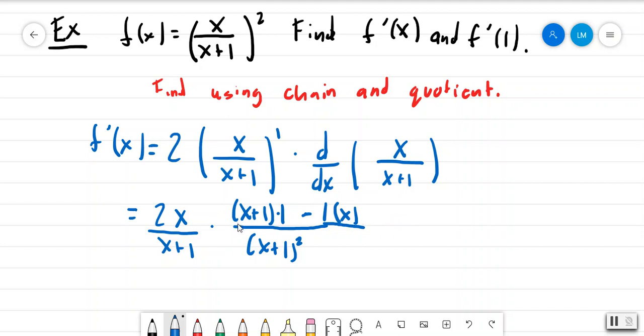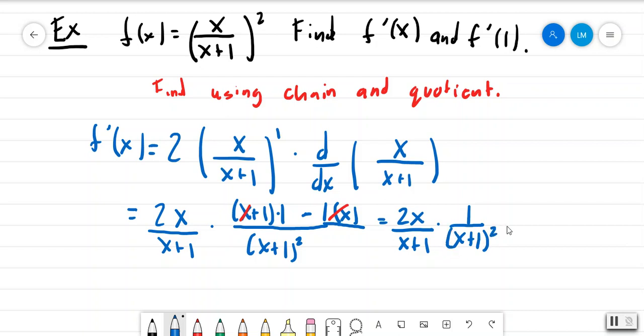Now note that the two x's do cancel out. So we have that's equal to 2x divided by x plus 1 multiplied by, well, you can see that when this becomes x plus 1, the x's will cancel out. So what that means is that this is just divided by x plus 1 to the second power.